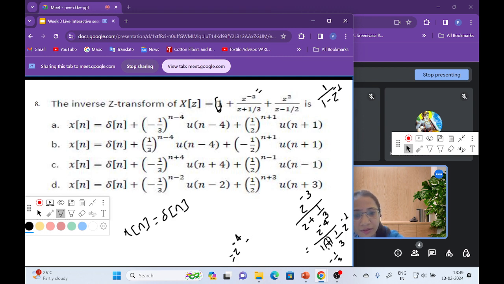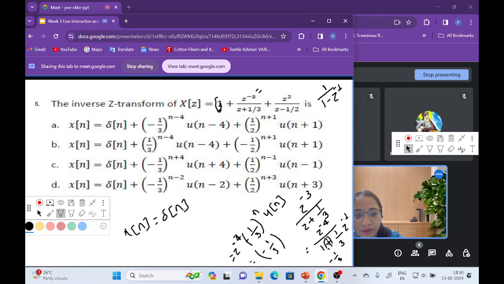This will be minus 1 by 3 power n, and here z to the power minus 4 already is there, and u of n. Okay, so the inverse z transform of the whole function will be minus 1 by 3.